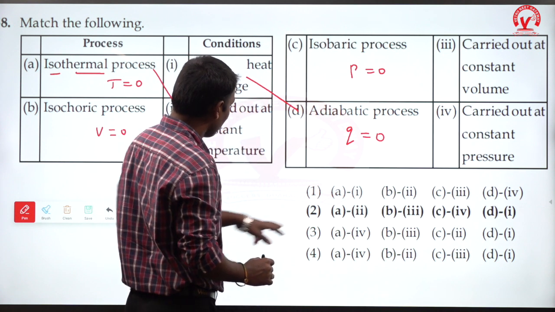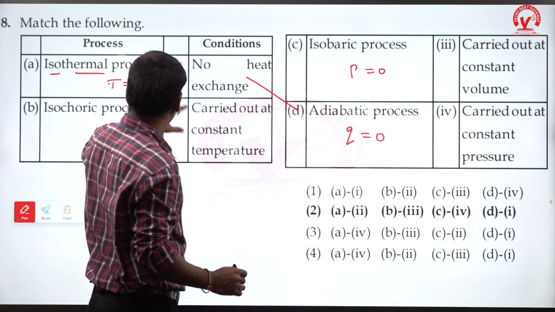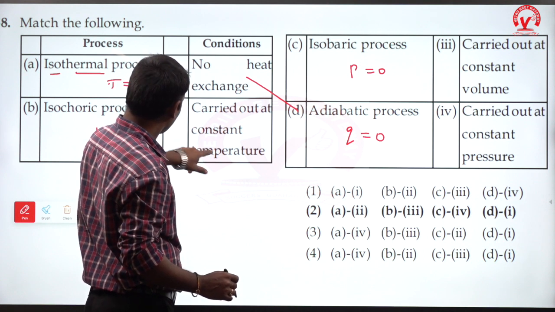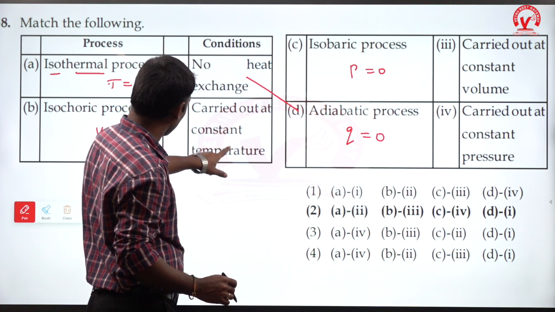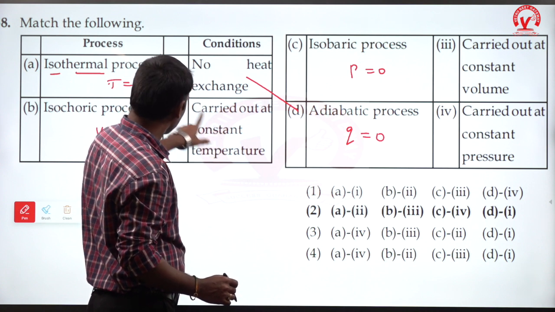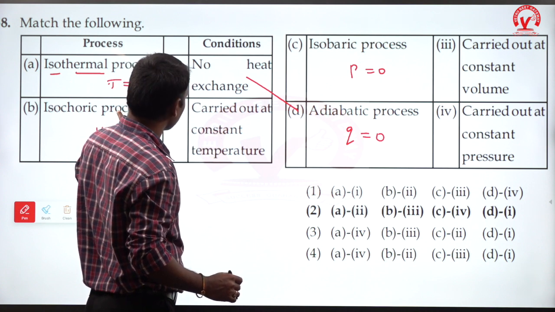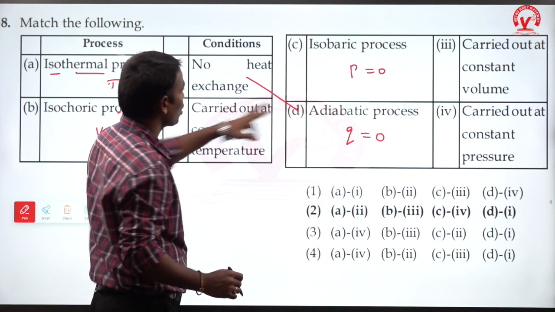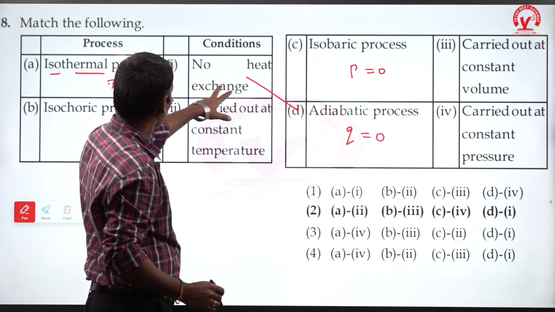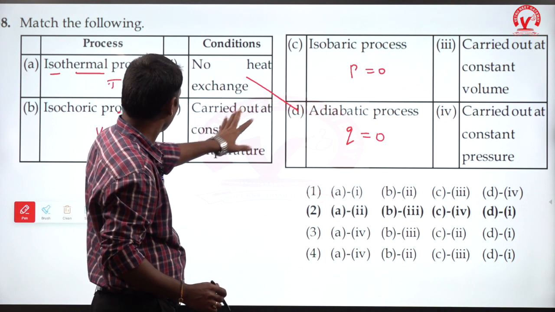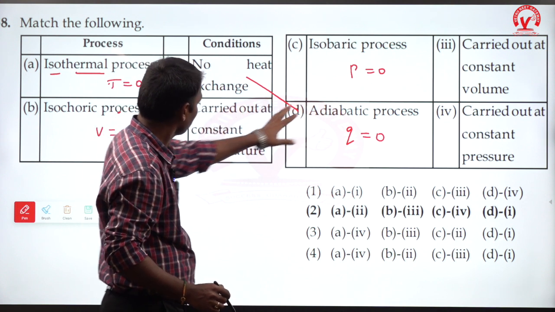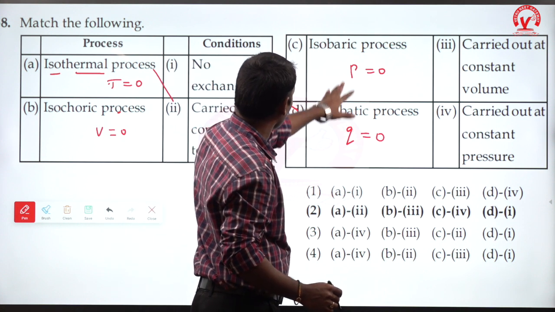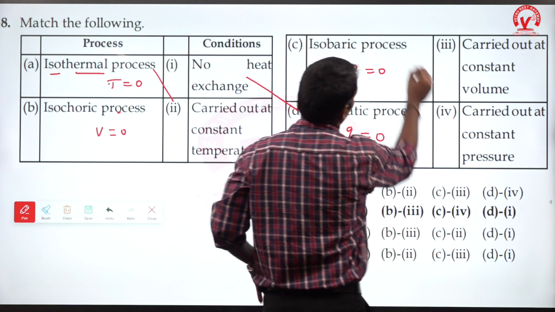So finally A is 2, that is carried out at the same temperature, constant temperature. And B is 3, that is constant volume. Then no heat exchange, that is adiabatic process, and at constant pressure means isobaric process, that is C is 4.